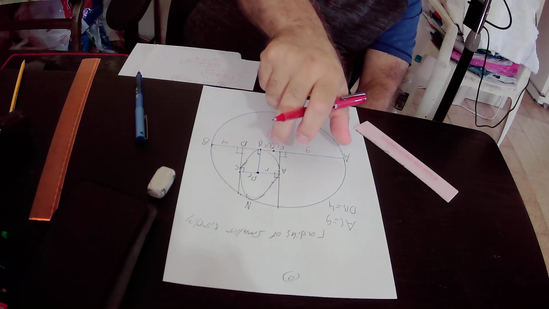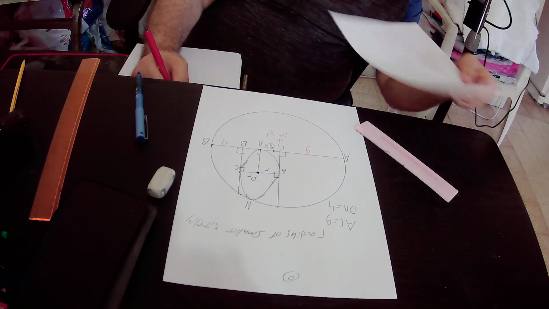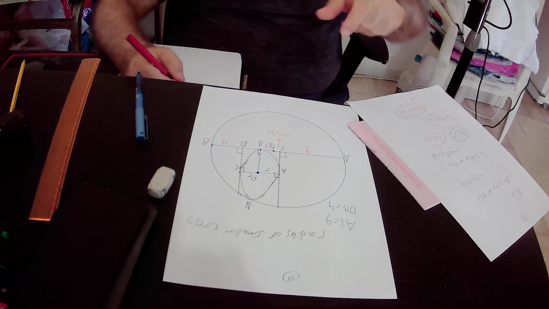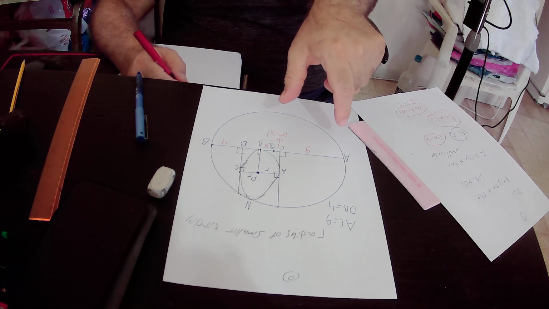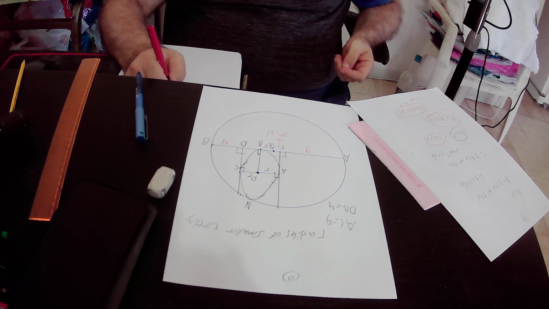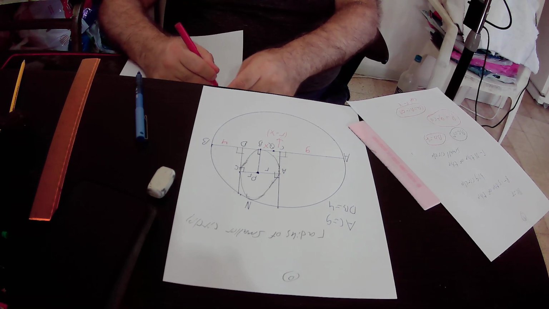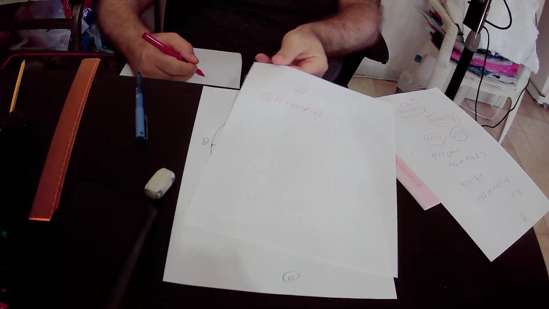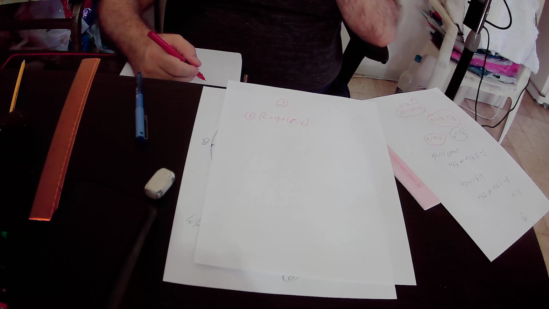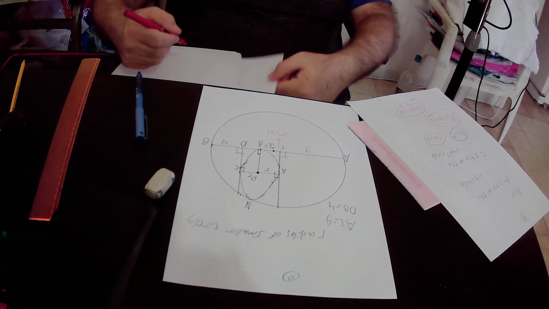Therefore, the radius of the big circle will be equal to 9 units plus r minus x. So we have equation number 1 that states that the radius of the big circle will be equal to 9 plus r minus x.